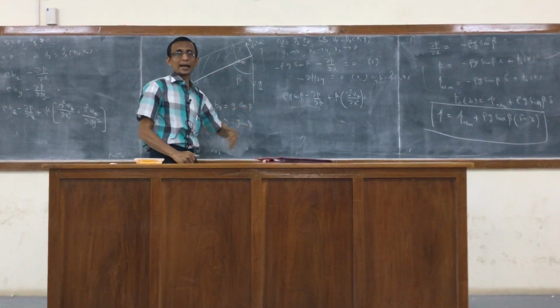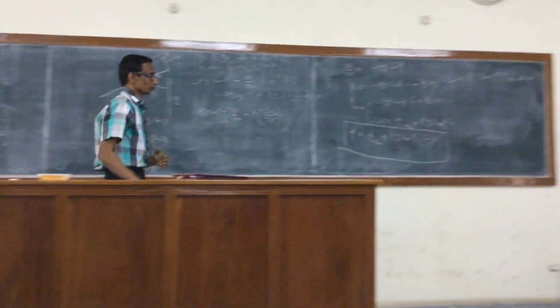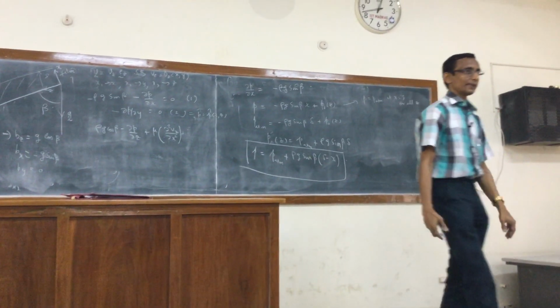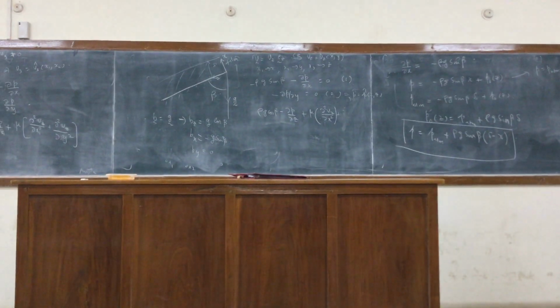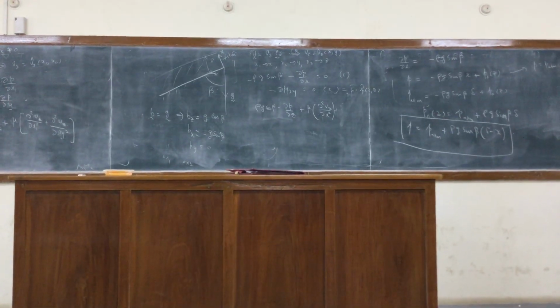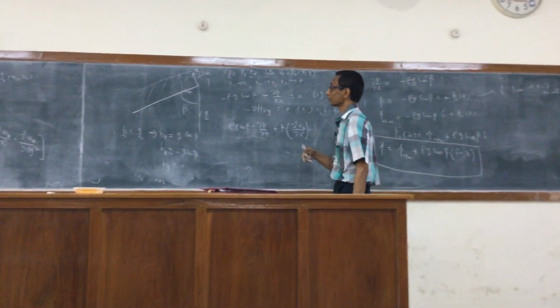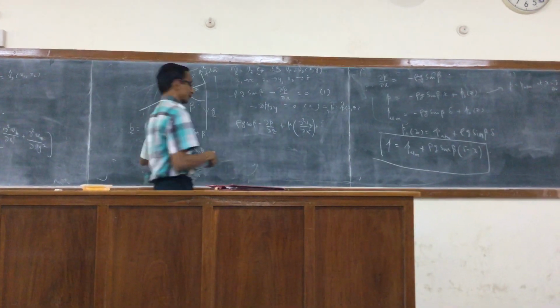On top of the atmospheric pressure we are getting rho g h, but here, because the plane is inclined, we are getting the component of g in the x direction.